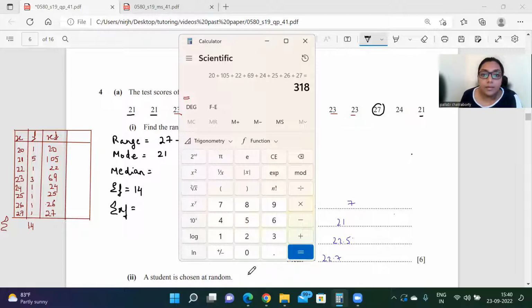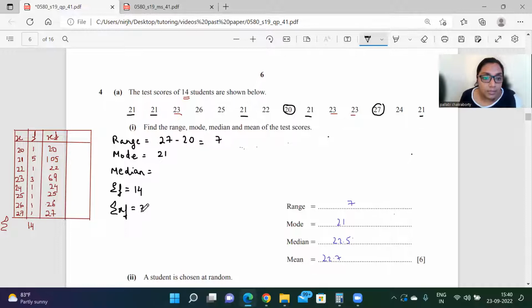So we have added all these terms. Let's just check once. 1, 2, 3, 4, 5, 6, 7, 8. Over here we have 1, 2, 3, 4, 5, 6, 7, 8 as well. So we have 318 as the summation of XF, right?